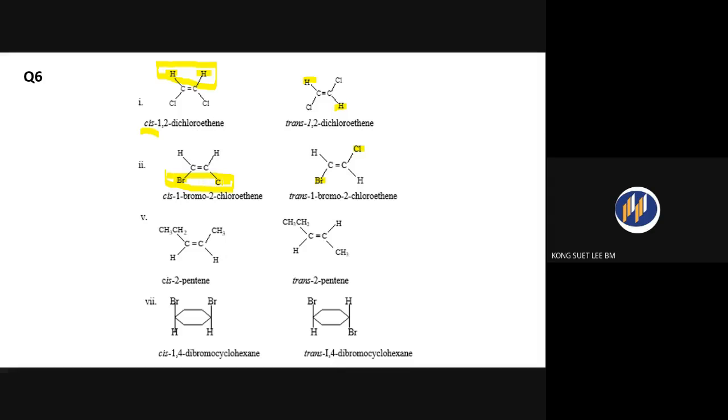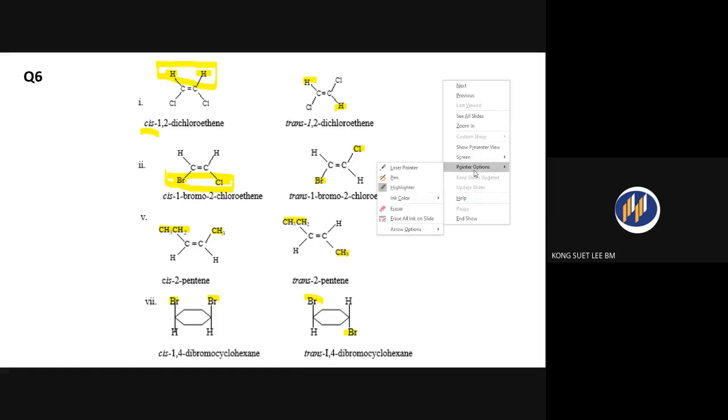So this one is cis. And for this one, please take note. While there is CH2, CH3, make sure the bond is attached to CH2. Jangan pergi attach CH3 kerana dia memang ikat kat CH2. CH3 sudah penuh, you tak boleh ikat dengan dia. So this one is cis and then this one is trans.